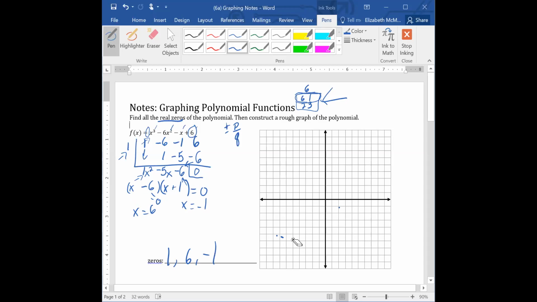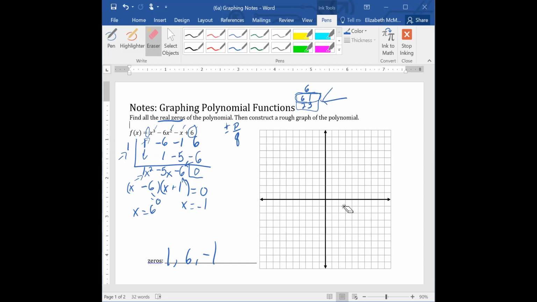All right, and then we want to graph this. How do we graph this? Our zeros are just like when we were graphing a quadratic equation. Remember way back when we were graphing our quadratics and we found the zeros? That's anywhere that y equals 0.